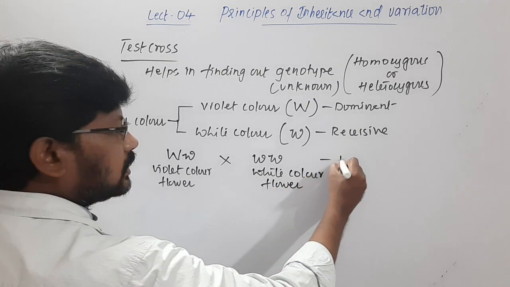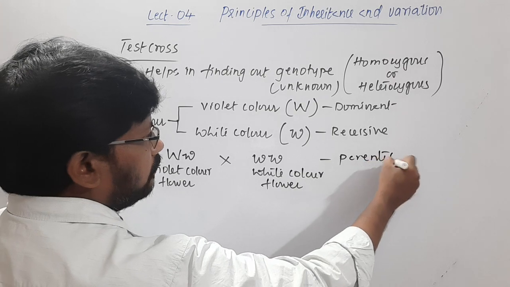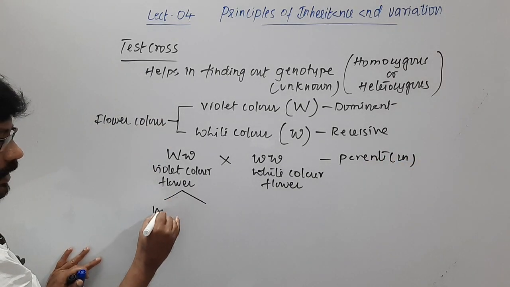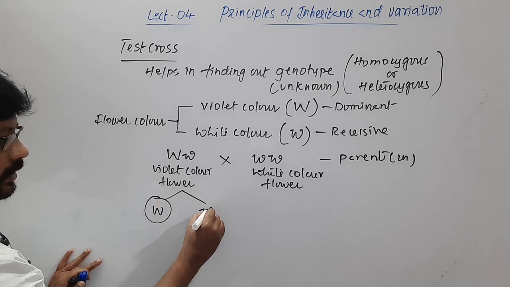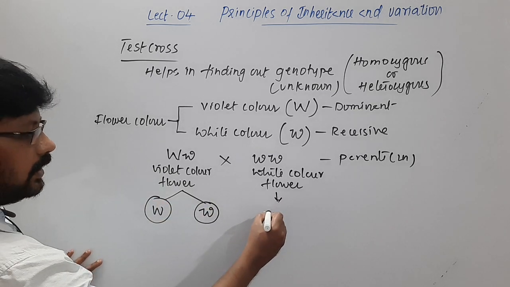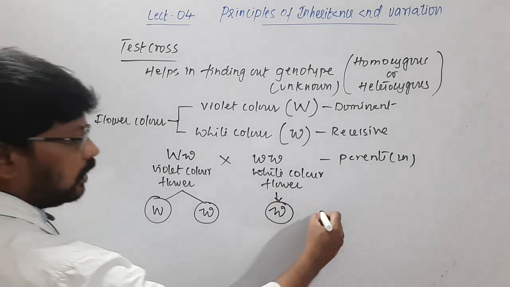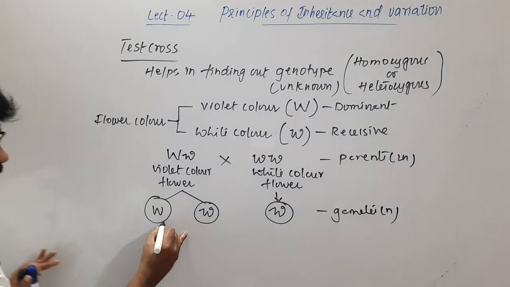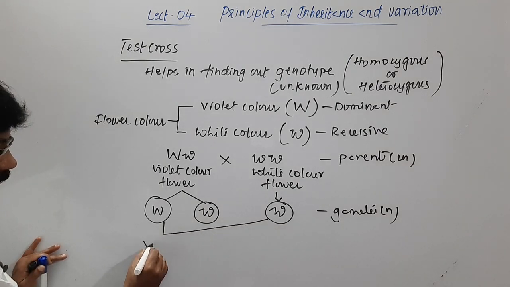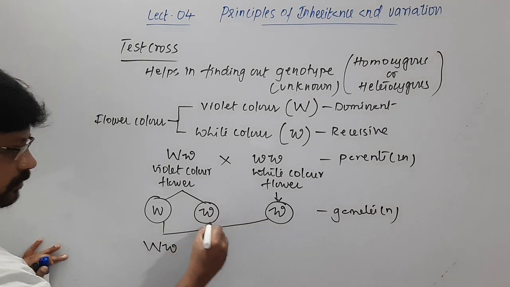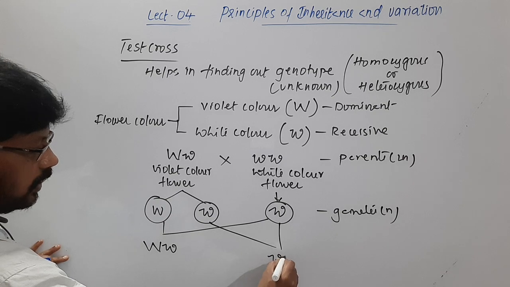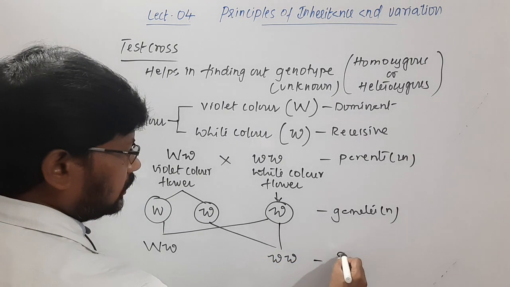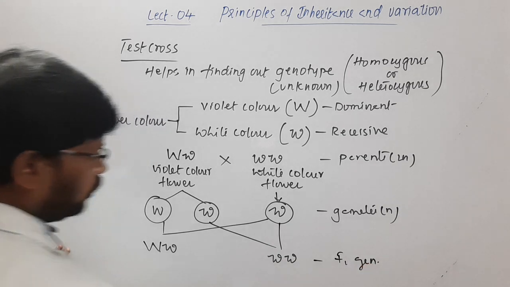These are parents, 2n. During the formation of gametes, we get capital W and small w from one parent, and small w from the other. So gametes, n. I'll get capital W small w, and small w small w. This is the F1 generation.